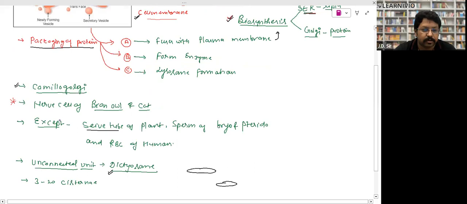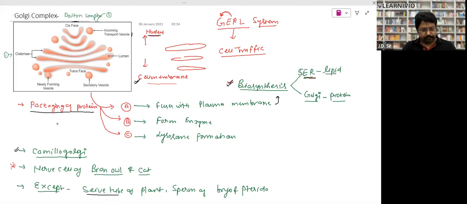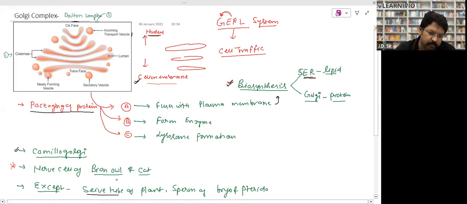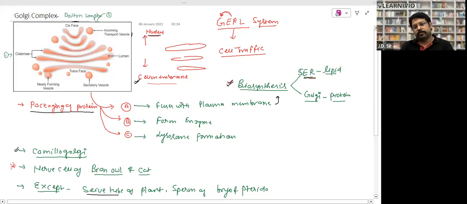Unconnected. So one more thing. I have a question. Are Golgi complex found in plant or not? Tell me. Yes. They are found in plant for sure, or something else is found.